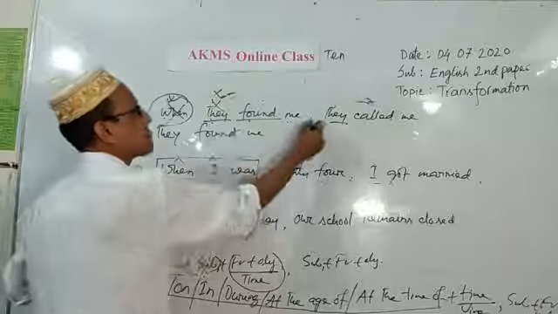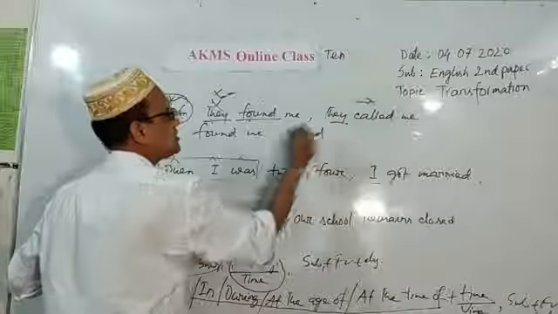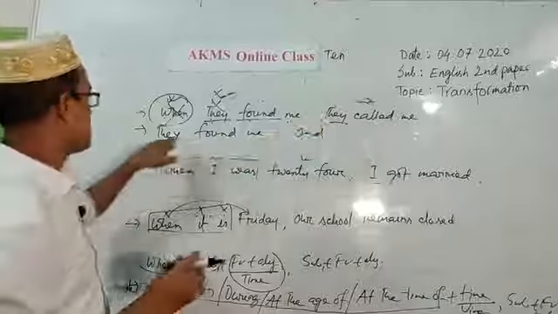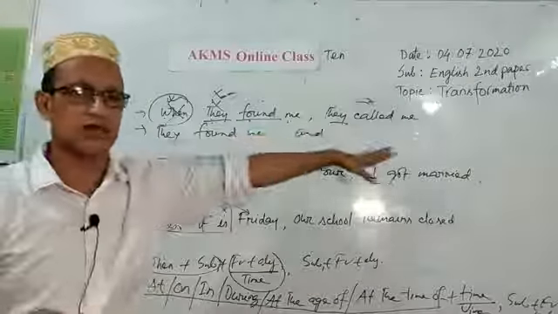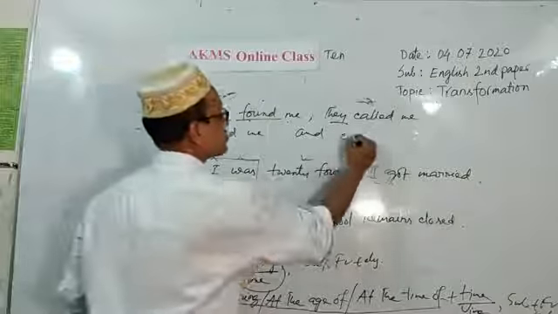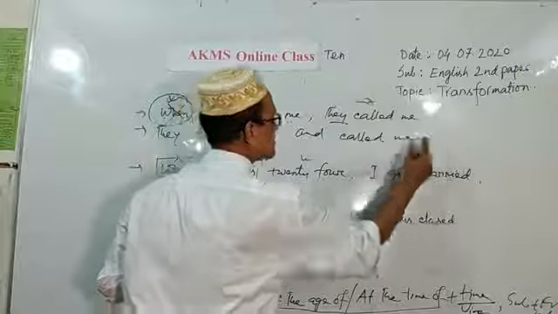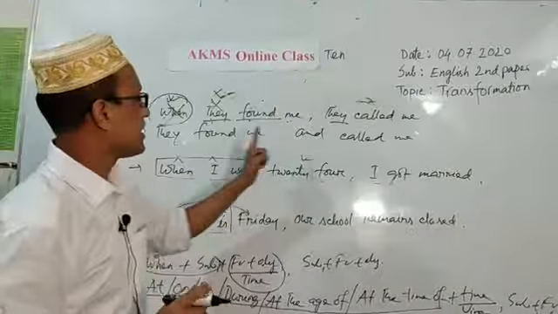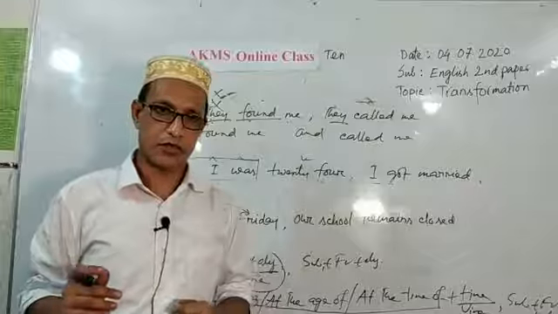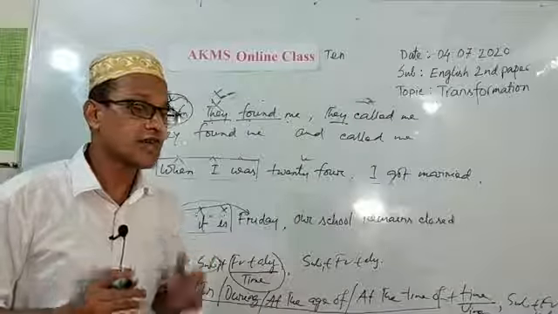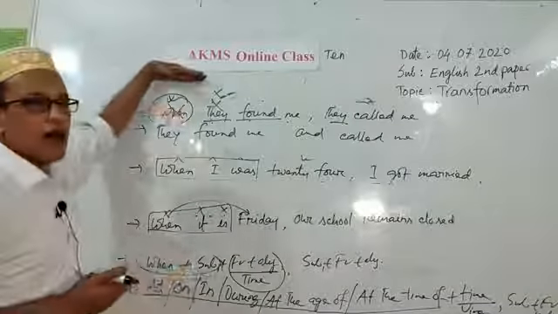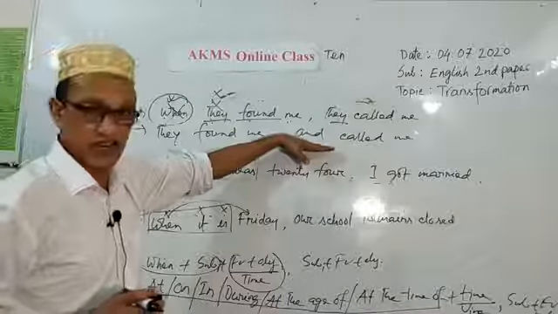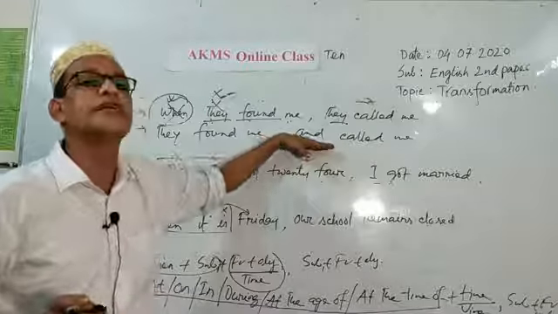They found me, and as both the subjects are same, I will not use the subject here. And called me. They found me and called me. So what have I done? I have used and as a conjunction to make it a compound sentence.